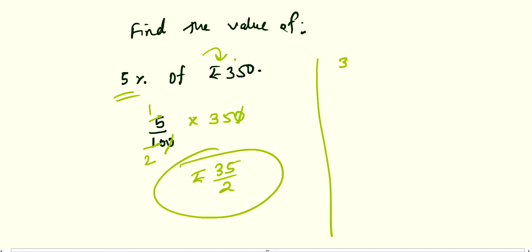Last one. 33 1 by 3% of 27 meter. So first 33 into 3 is 99 plus 1 is 100. So it is 100 by 3.